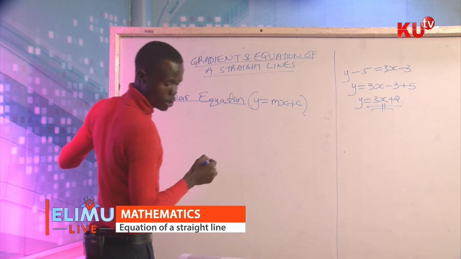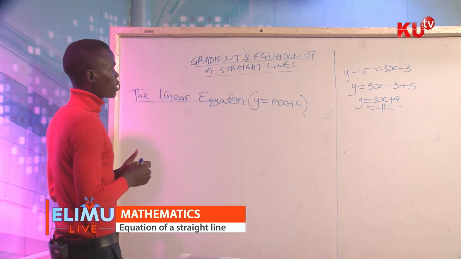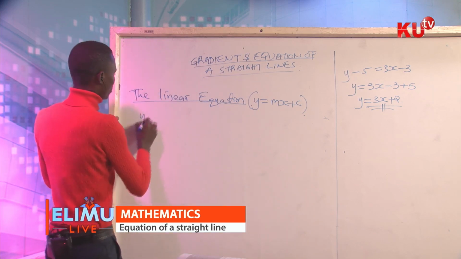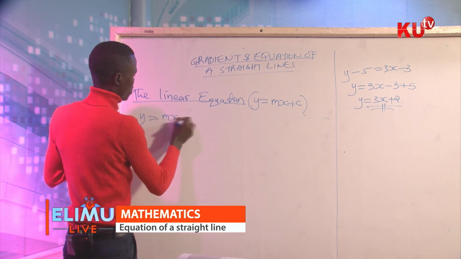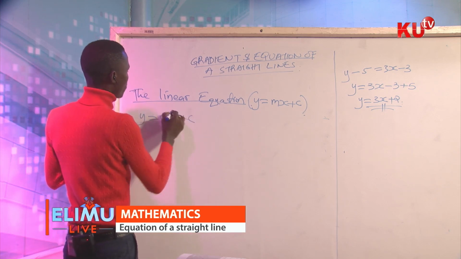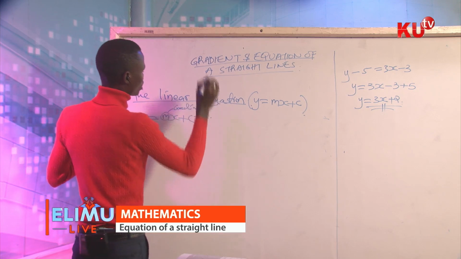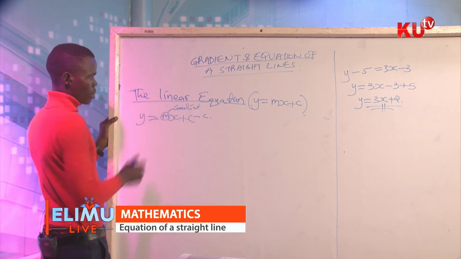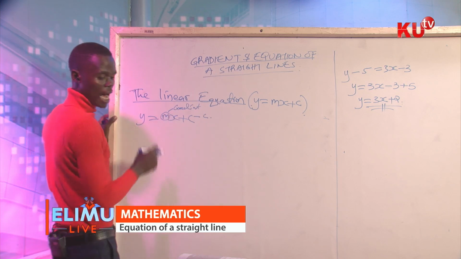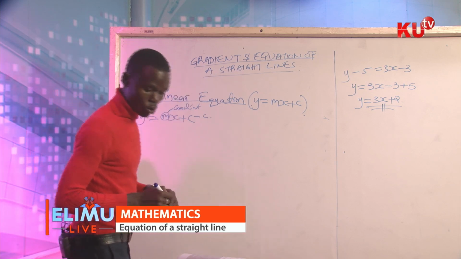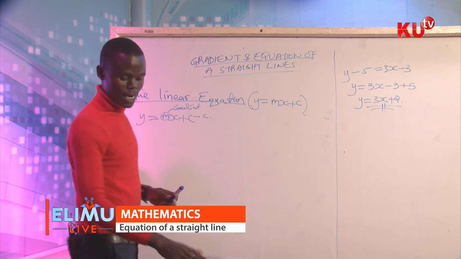This is the point I was trying to derive, y equals mx plus c, where m is the gradient and c is a constant. These y and x are variables.